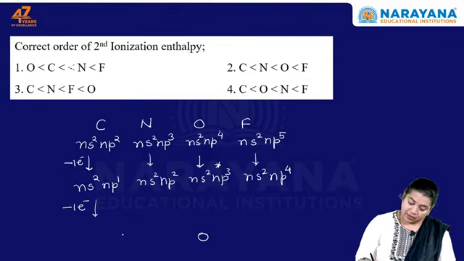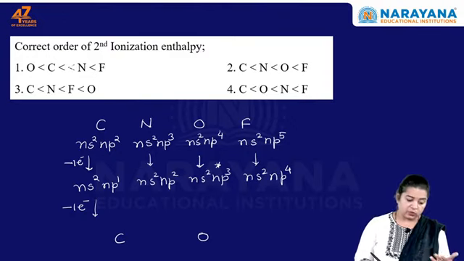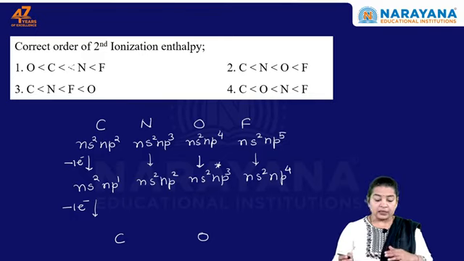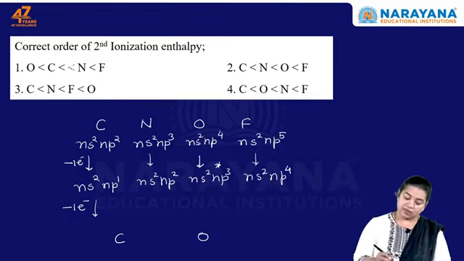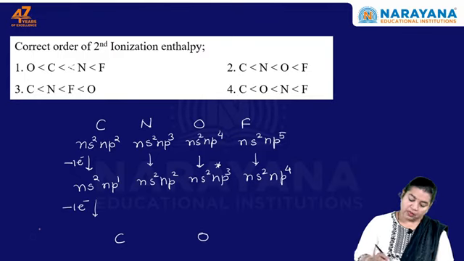And carbon will have the least. Why? Because it is in np1 configuration, so it will release much more easily. By taking these two into consideration, I think we all can see that 3 could be the answer.